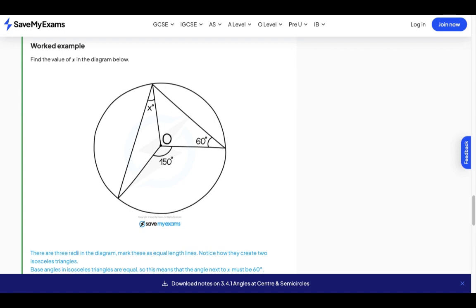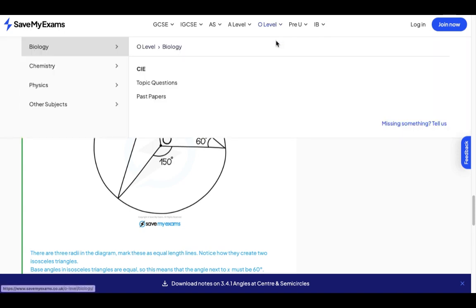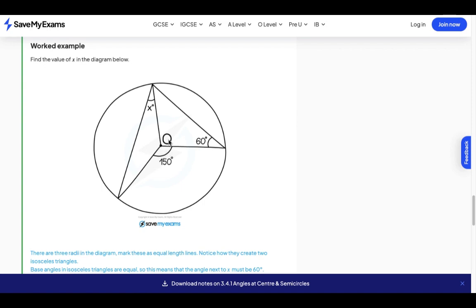Okay, so what we can do, we already know that the angle at the center is twice the angle at the circumference. So we call here y. And this angle at the circumference, not only x and this remaining space, will be 150 divided by 2, which is 75. Right? 150 divided by 2, the whole of this is 75.